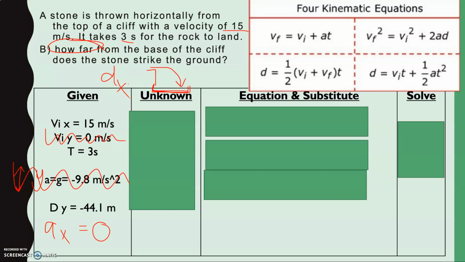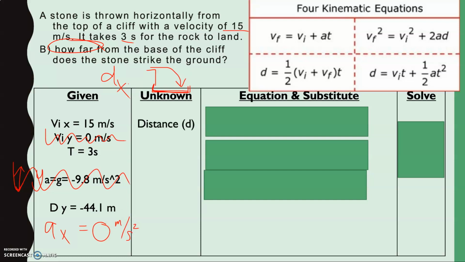So there is no acceleration. That's why as it moves horizontally, the horizontal velocity remains 15 meters per second. So because it's a constant velocity, there is no acceleration. Our unknown is distance, and again, this is the distance in the x direction because we're trying to figure out how far from the base it actually fell.